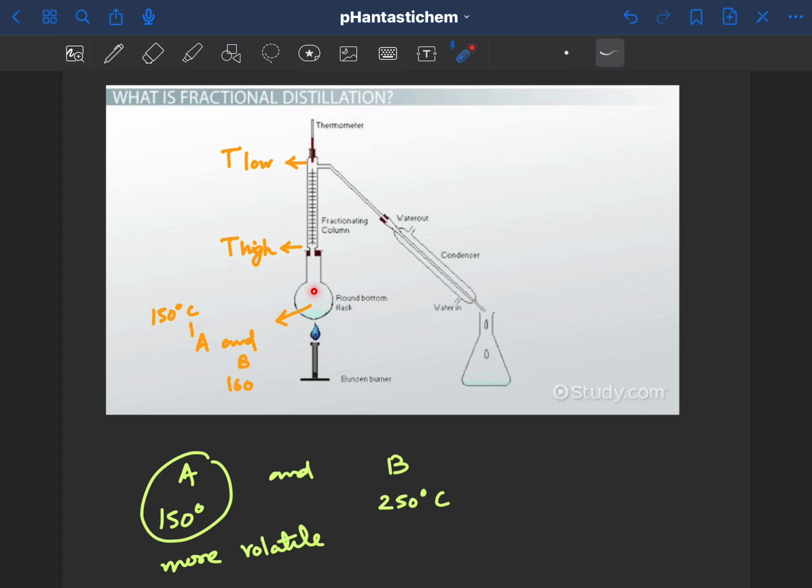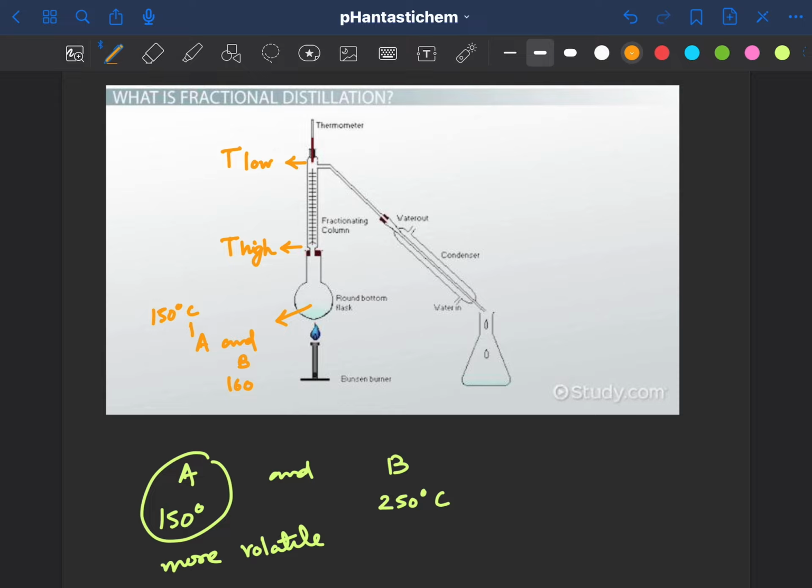As these vapors travel up the fractionating column, vapors of B condense more readily because the temperature is still high here. So these vapors can easily condense.